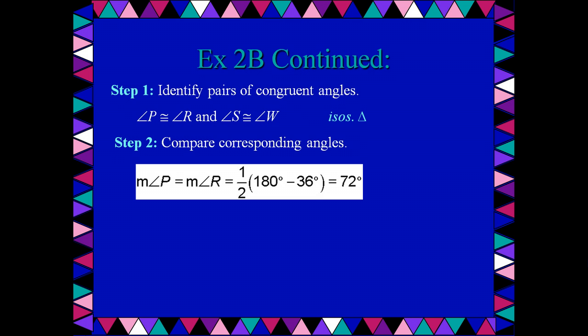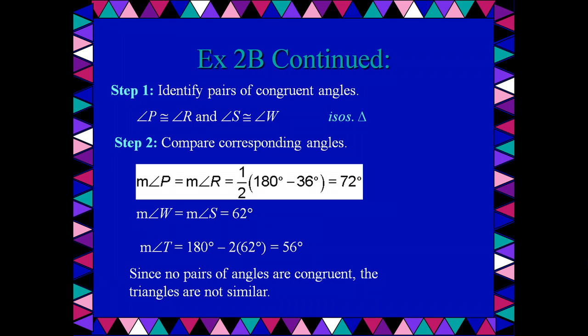So measure of angle P equals measure of angle R, which is 1/2 of 180 degrees minus 36, which would be 72 degrees. The measure of W and S are 62 degrees. The measure of angle T is 56. And not one single pair of angles from one triangle to the other are congruent, so automatically the triangles are not similar. We don't have to go on to compare sides if the angles are not congruent.